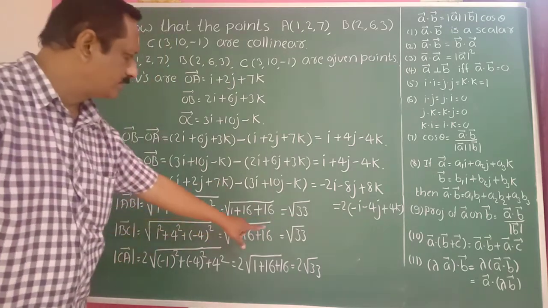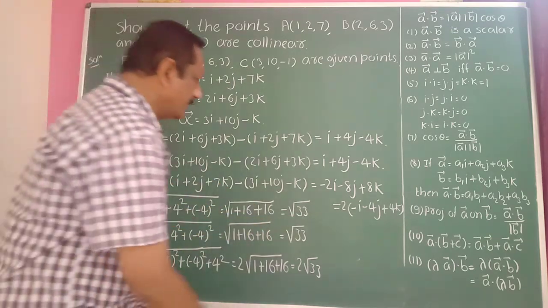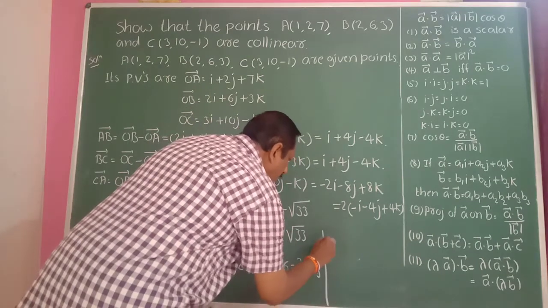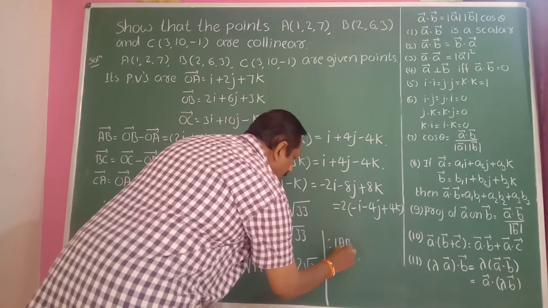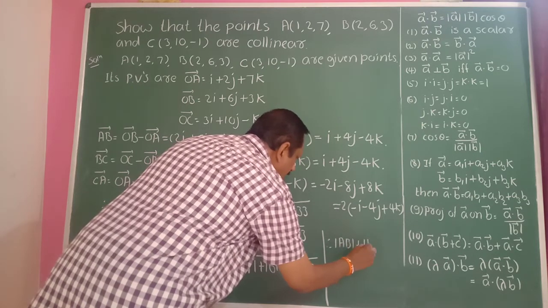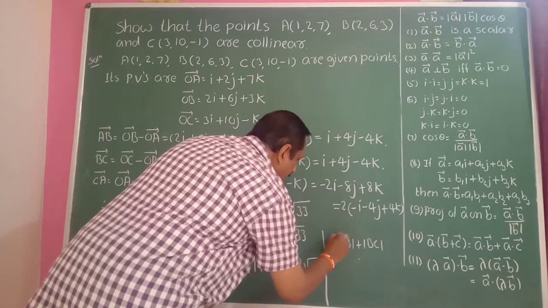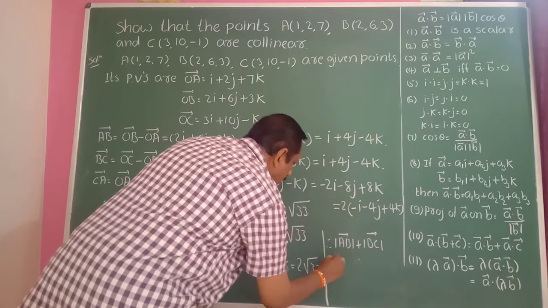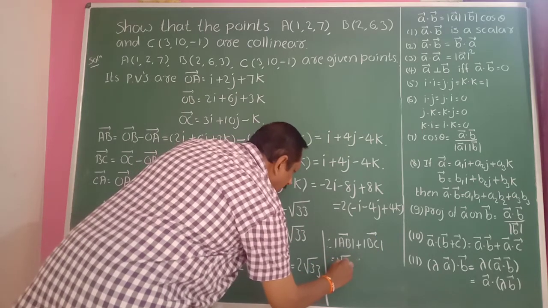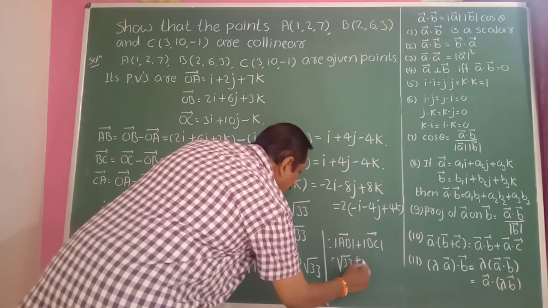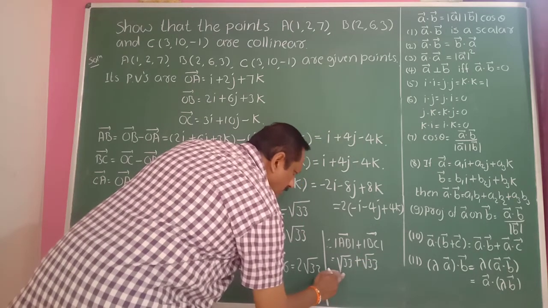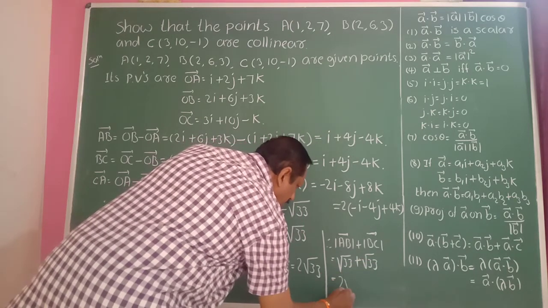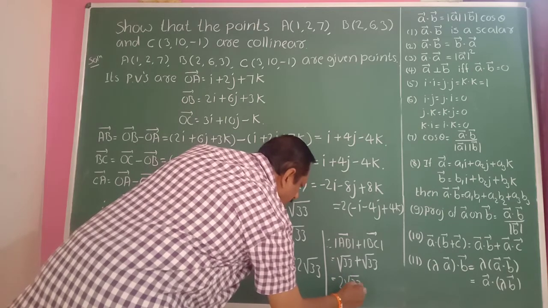BC is also root 33. So its sum gives, therefore, modulus of AB plus modulus of BC is equal to root 33 plus root 33, which gives 2 root 33.